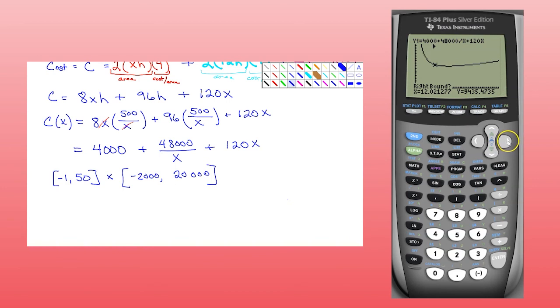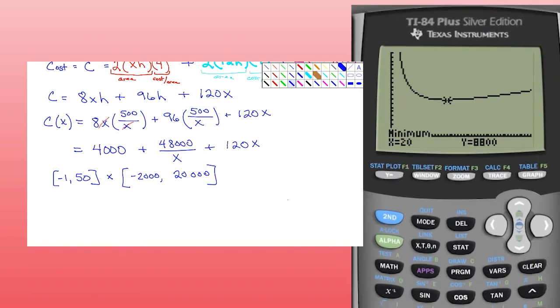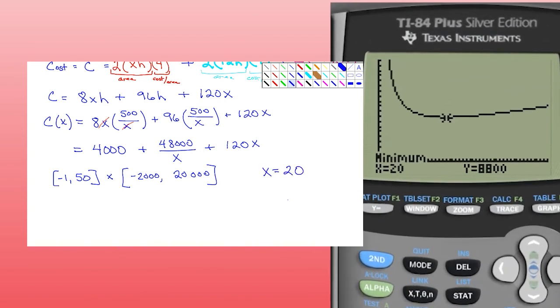Then drive the cursor through the minimum until you see it rising again. Press enter again. And for the guess, you can just press enter. It'll usually find it. And then the calculator will compute the minimum, and you can see that the x is equal to 20.